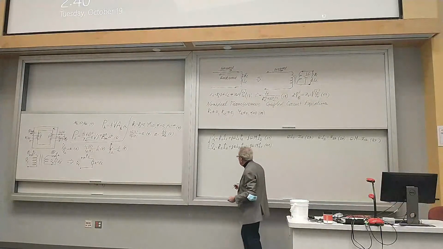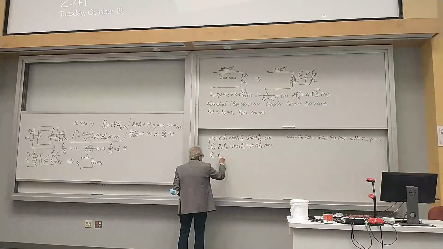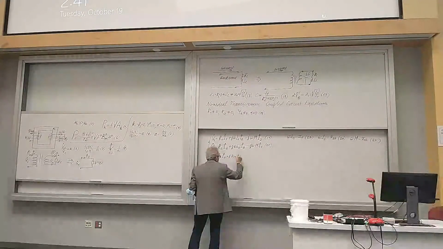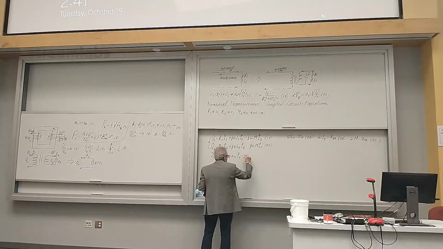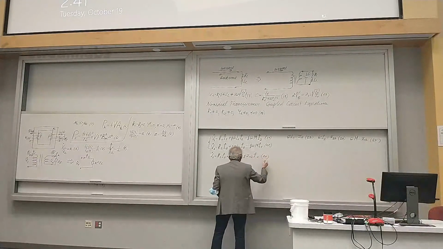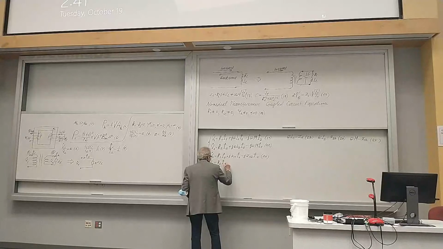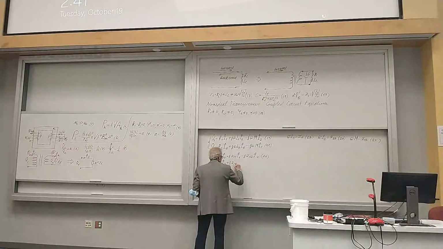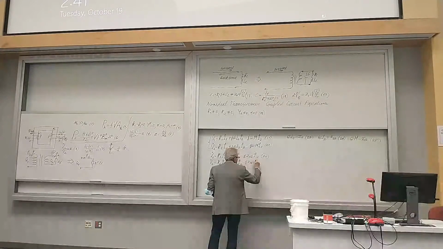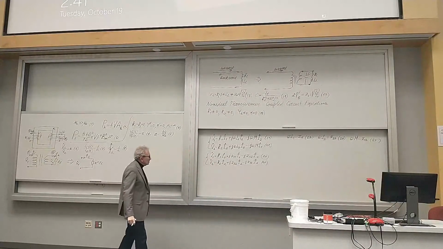And so using this notation, we can rewrite this coupled circuit equation in this form. So these are the same equations, but written in terms of reactance.